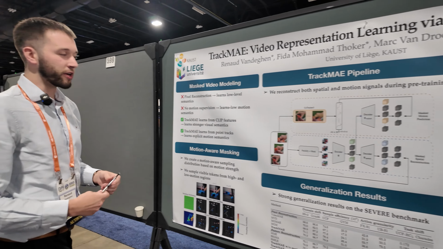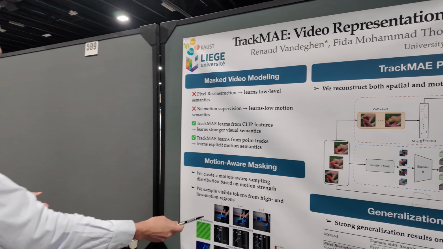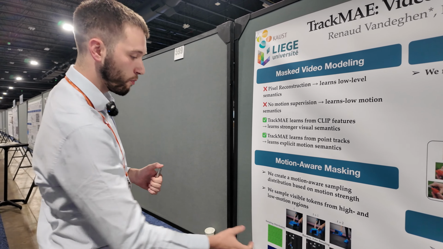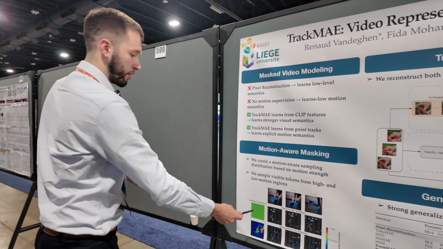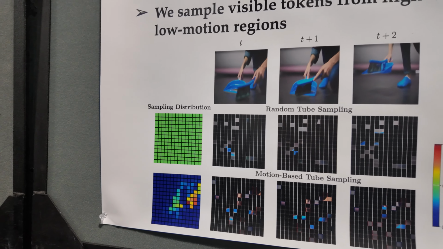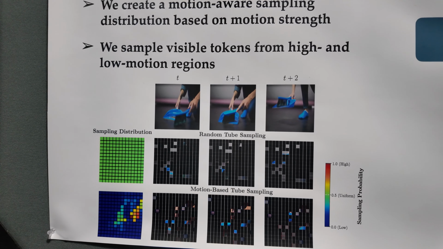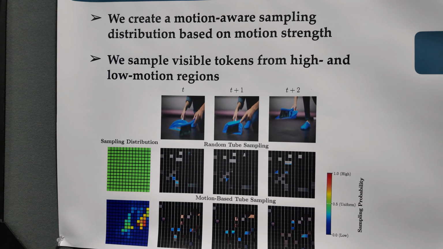Cherry on the cake: because we have access to motion information, we can improve the random tube masking that we have with VideoMAE, where we would have a uniform sampling strategy. Here in our case, based on the motion information that we have, we can create a sampling distribution based on high motion and low motion tokens. Those would be the low motion tokens and those would be the high motion tokens, right?